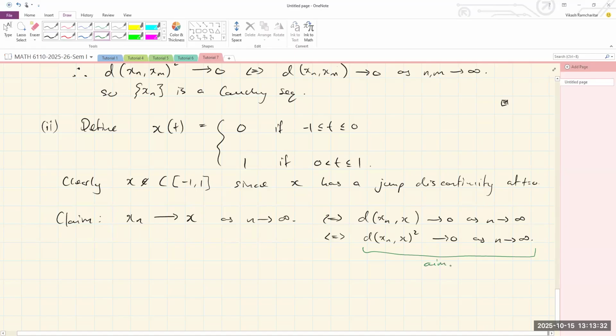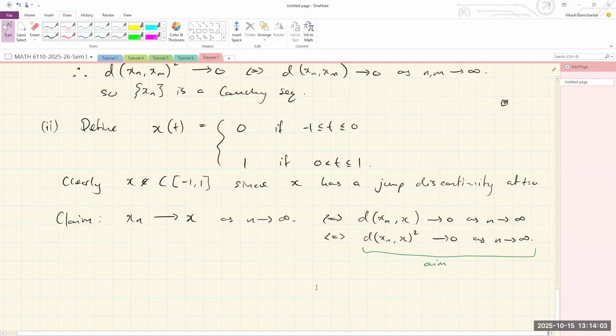If I could show that, then that will mean that my sequence of functions xn, which we just spent a lot of time proving is a Cauchy sequence, is converging, but not to something in the space. Therefore, we cannot say it's converging. So we found a Cauchy sequence that does not converge, and therefore the space is not complete with respect to this metric. That is my aim.